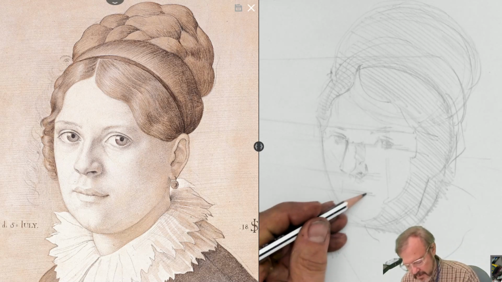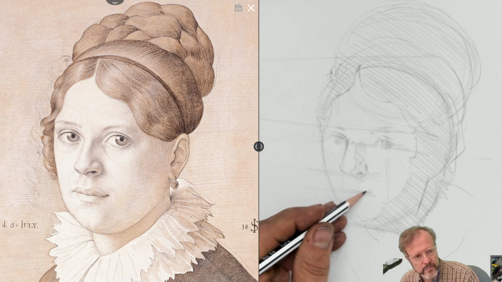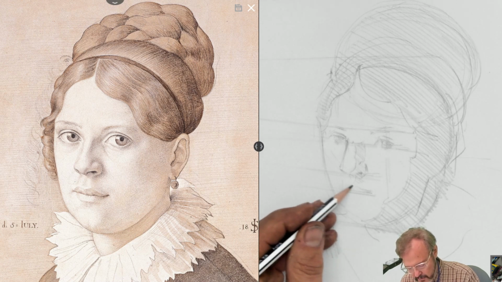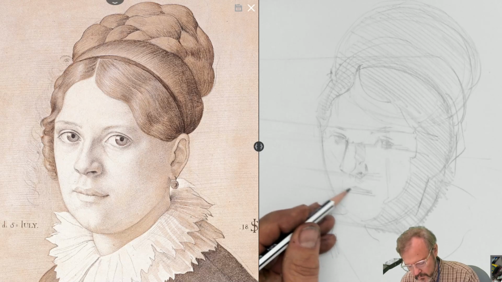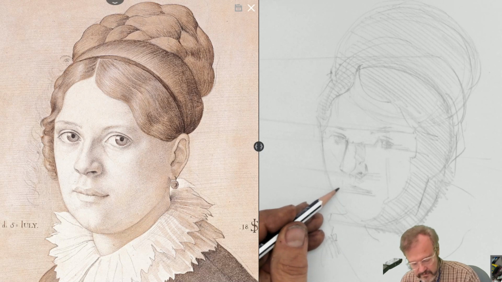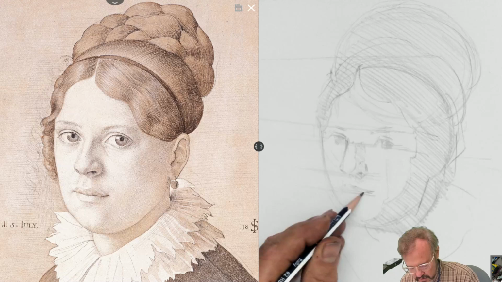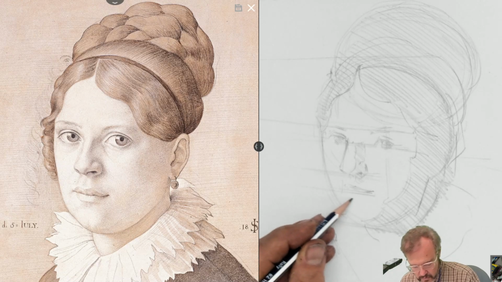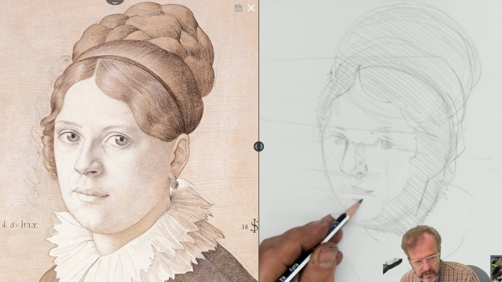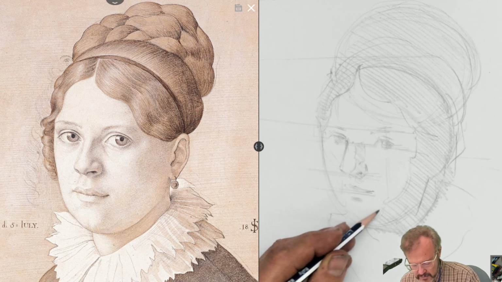I'm going to do the same thing with just a little bit of dark for the upper lip. So I have not pressed hard anywhere in this drawing yet, and I don't want you to either. We're just doing a little tiny shadow under the bottom lip.